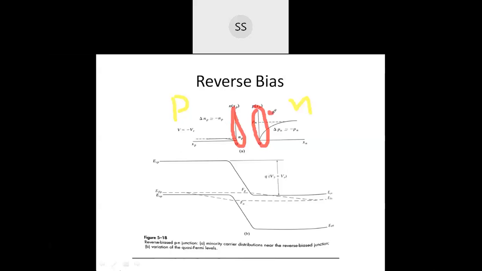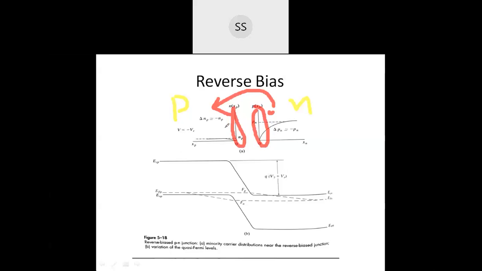So here are the holes. When these holes are swept across the junction towards the P side because of the electric field E, what happens? A gradient in the hole distribution exists, and the holes in the N region will try to diffuse towards the junction.